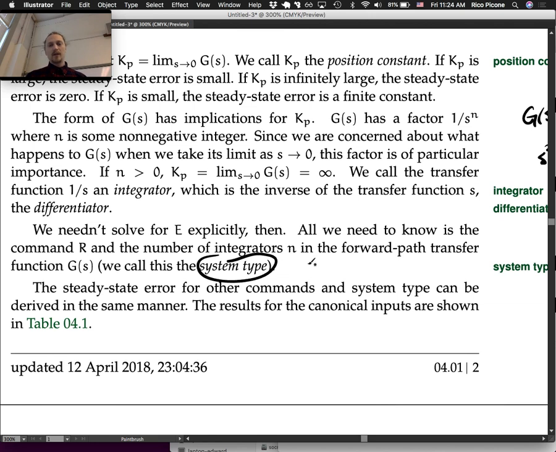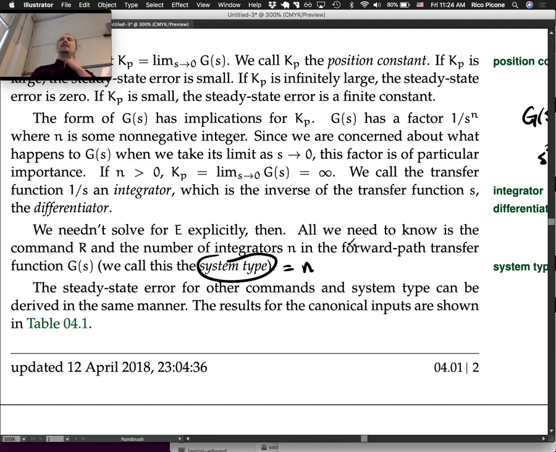N is the system type. So a type 0 system would have how many integrators? 0 integrators.